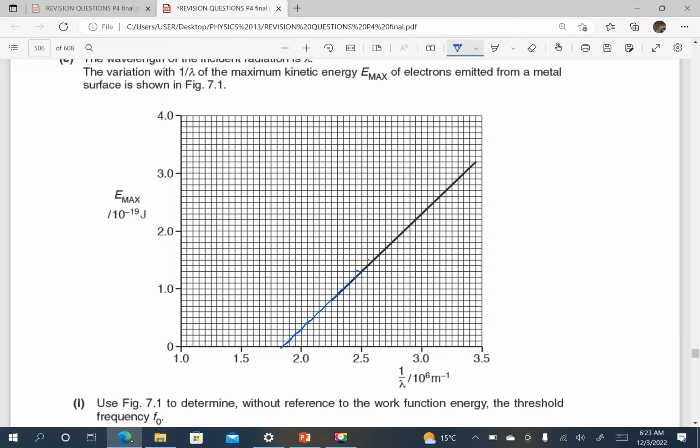So you can draw a straight line. I think my ruler is not very straight. Okay, so this point here, we can even read it.